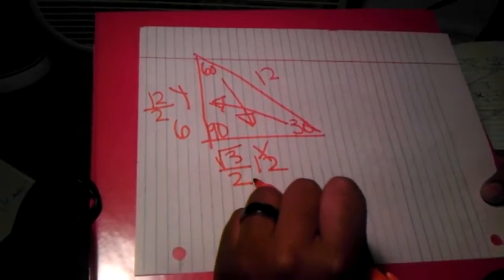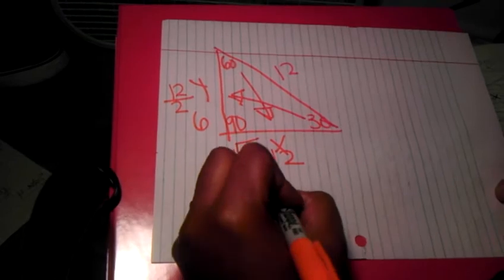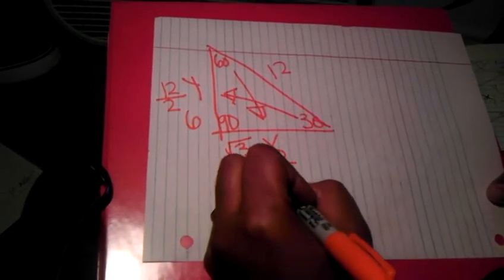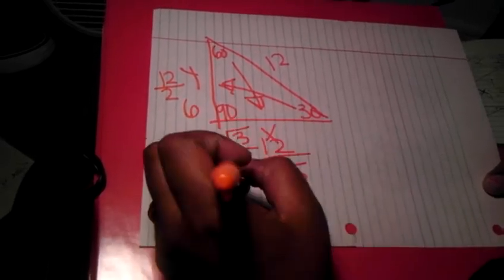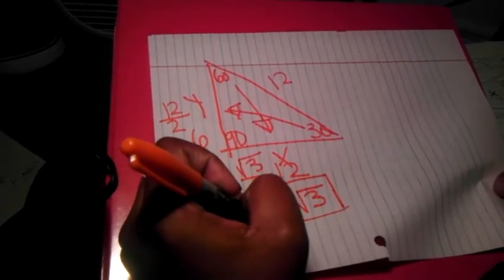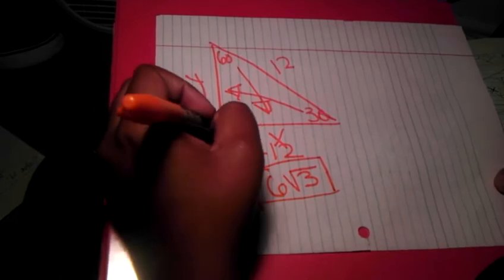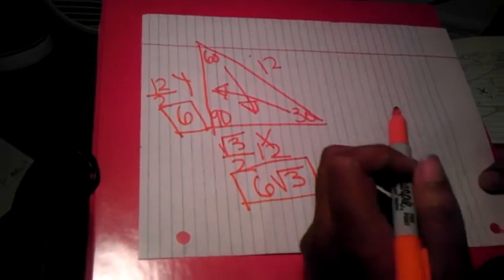So what is 12 divided by 2? 6. So that's your final answer. So now you have your long side, short side, and you were already given the hypotenuse. And that's all you do.